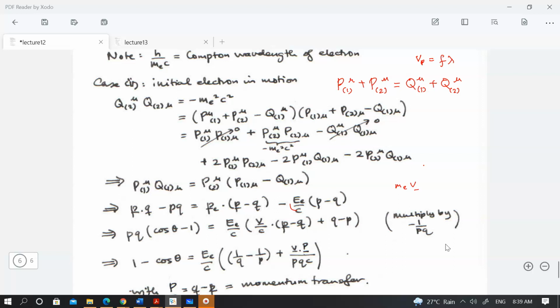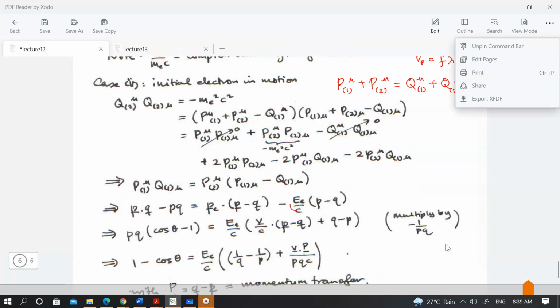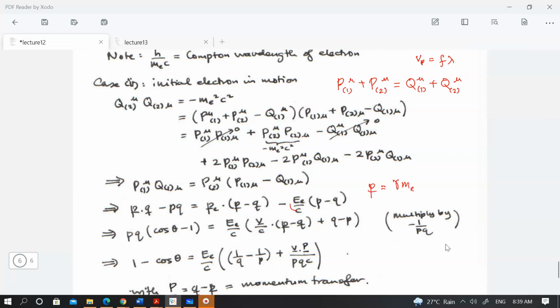But essentially, you just have your P equals to your gamma ME V in a way. How this actually simplifies to 1 over c, I will come back to maybe in the next lecture. But essentially this will become that.